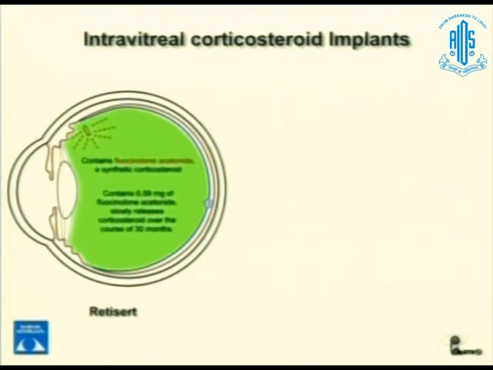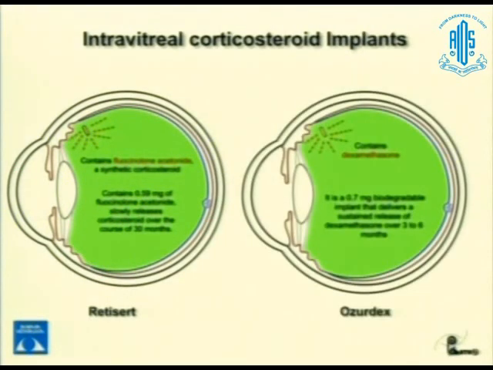The other group, we modified that because dexamethasone has higher potency than triamcinolone acetonide and fluocinolone acetonide. So we devised another device called Ozurdex. Ozurdex releases slowly the 0.7 mg implant, but for a lesser period of time, for 3 to 6 months. Clear?